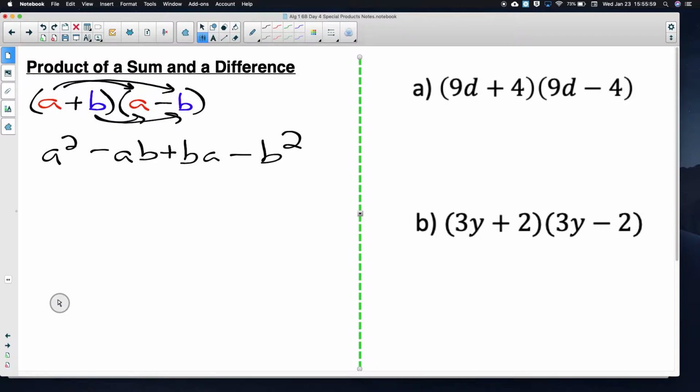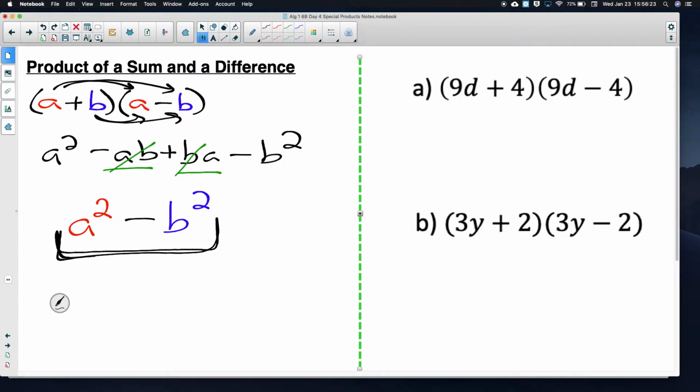Well, if you take a step back, you'll realize I have like terms here, but I've got a negative ab plus ab, so that's going to go away. So the pattern here is that if I have the product of a sum and a difference, I'm going to take a squared minus b squared. So that's my big pattern here. That middle term goes away. That middle term cancels out.